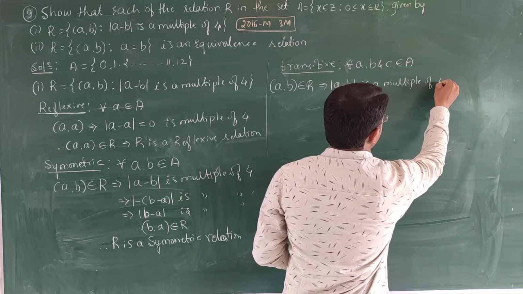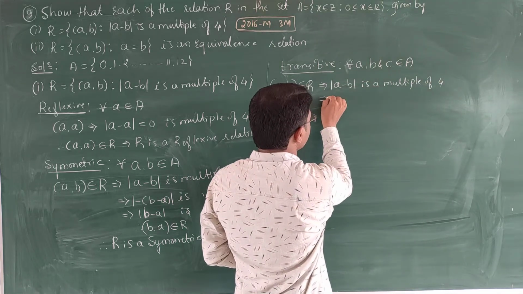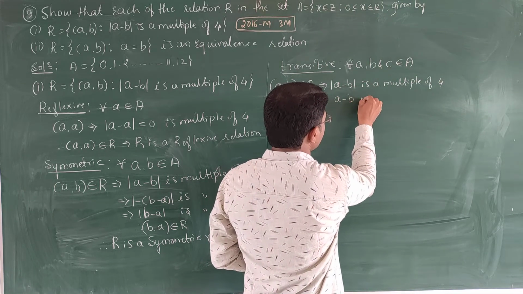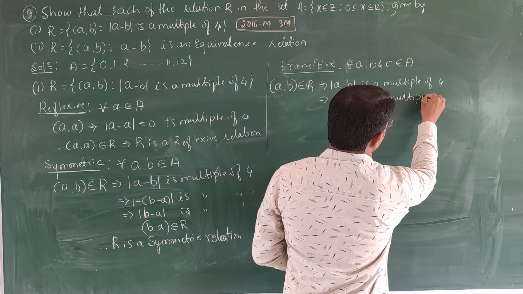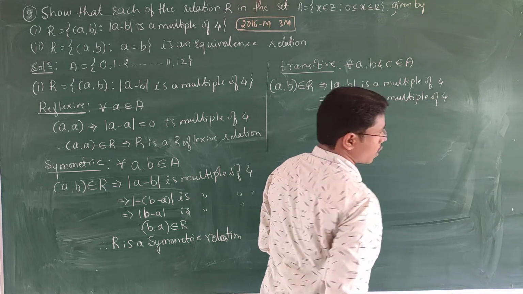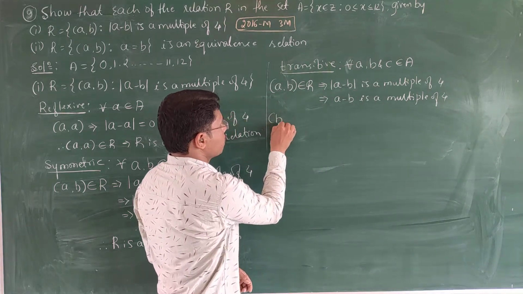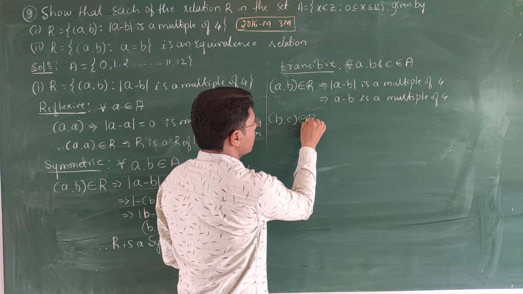We can simply write a - b is a multiple of 4 also. Next, (b, c) belongs to R.